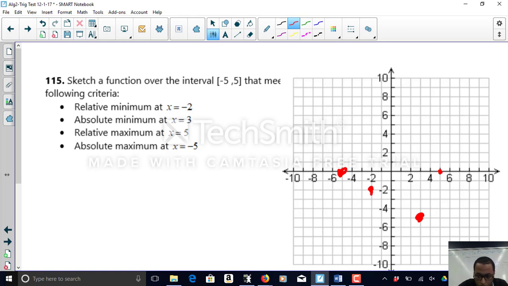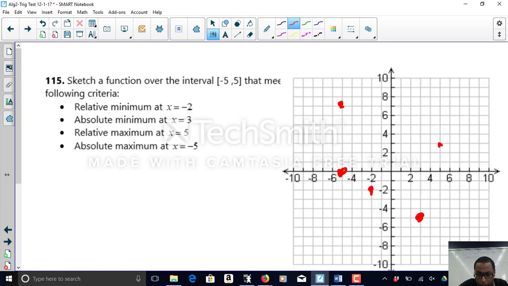Actually, relative maximum is 5, so let me actually erase this, meaning that it can't go, let's put it here. And then absolute maximum is negative 5. So that means it has to be higher than this. So I'm going to put it up right here.